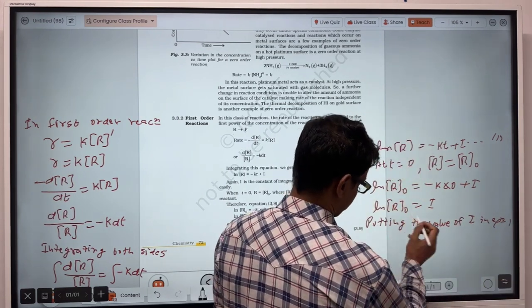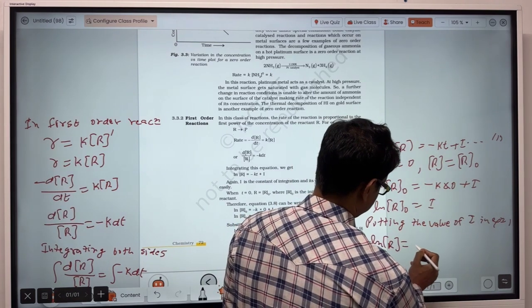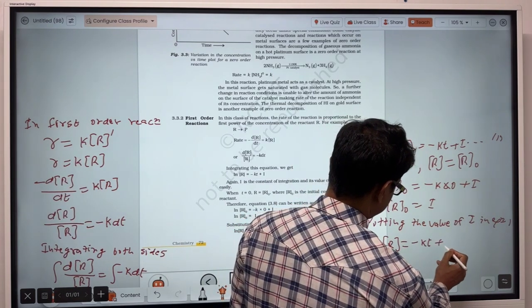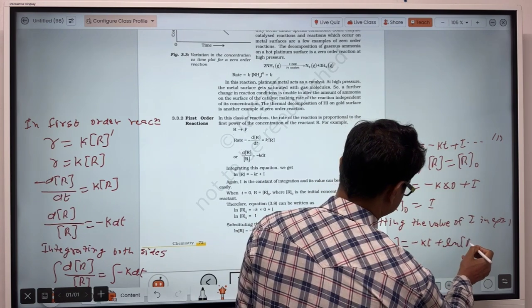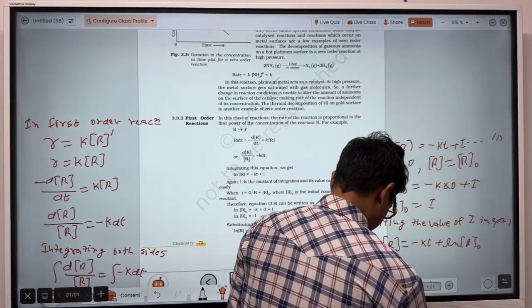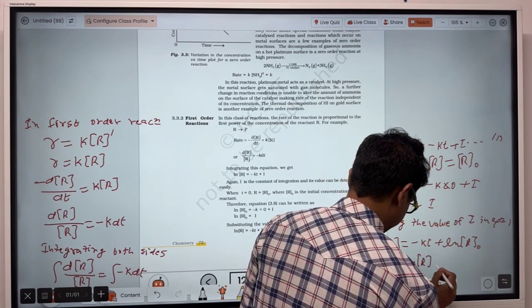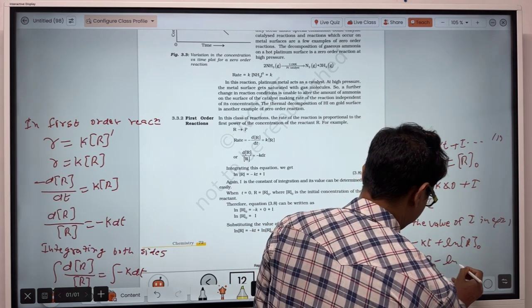What will we get? ln R will be equal to minus kt plus ln R naught. So kt will be equal to ln R naught minus ln R.